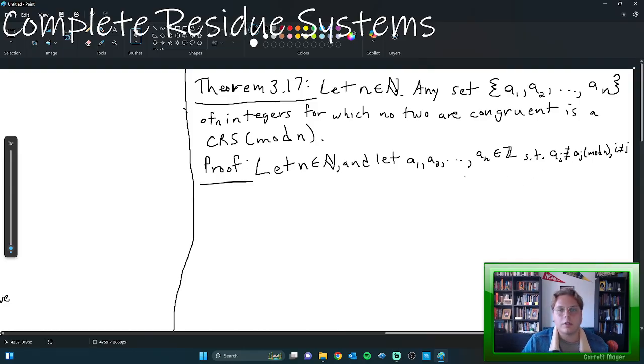So basically all this is doing is defining all these integers as integers where no two are congruent mod n. So now we have this set that we're trying to evaluate.